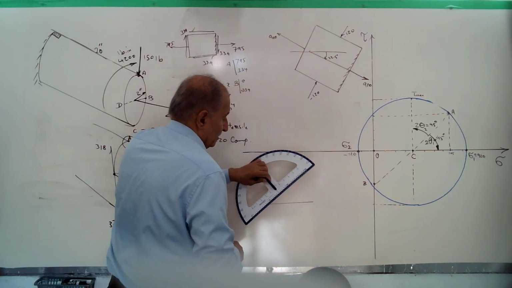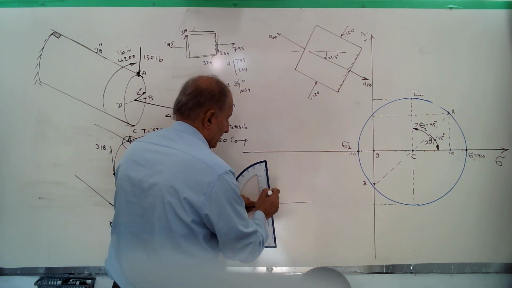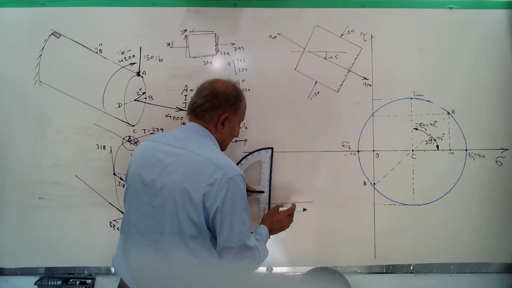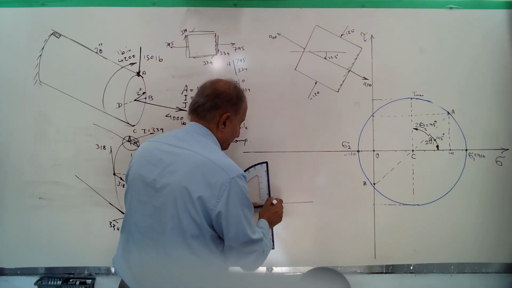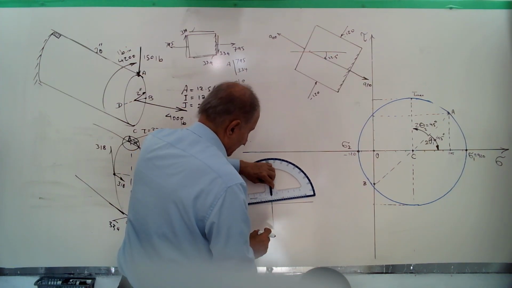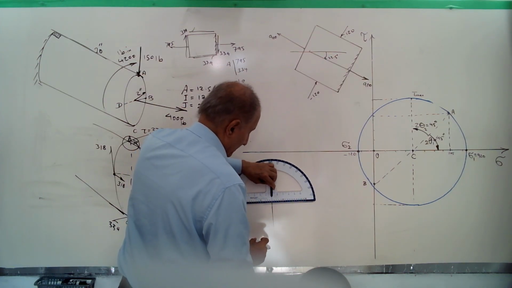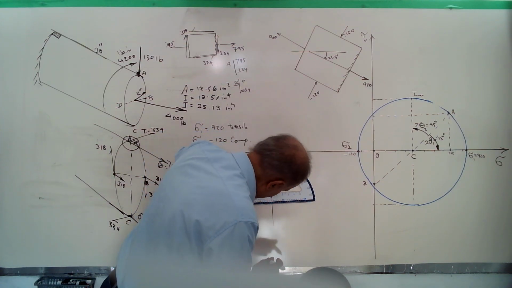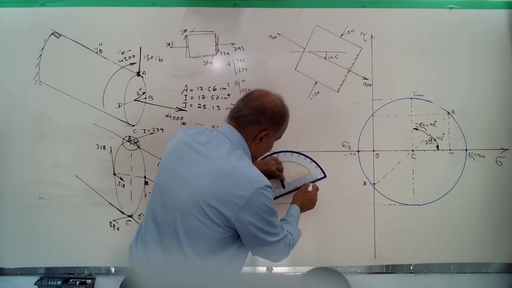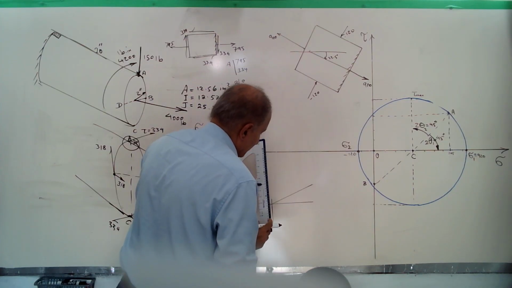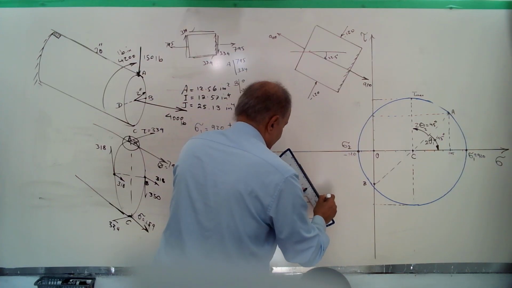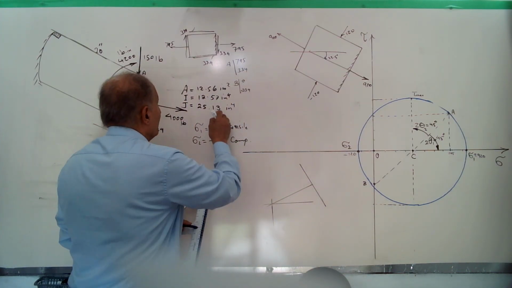Previous axis, previous surface, just rotate 22.5 degrees. This surface, or this axis, let's use 22.5. Then that's the new face of A, this side.